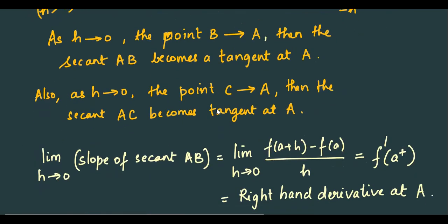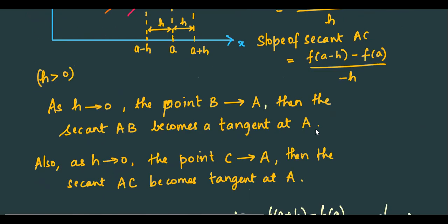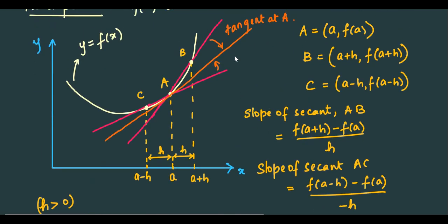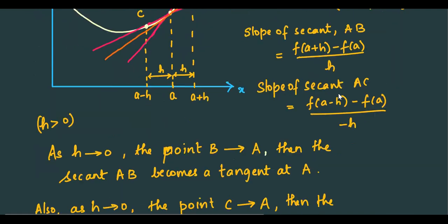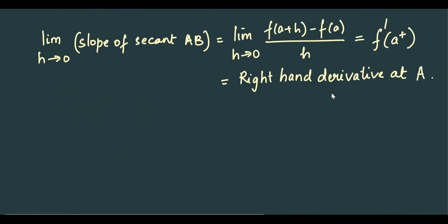If you take a and a point just to the right of a and draw a line, you get the slope of the tangent at a taken from the right, and it is called the right hand derivative.